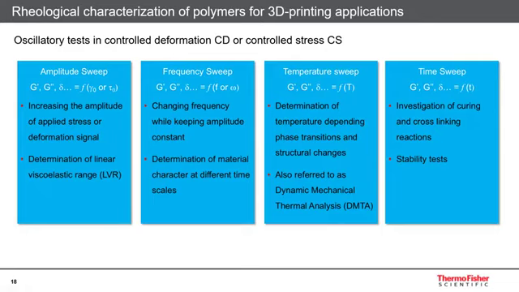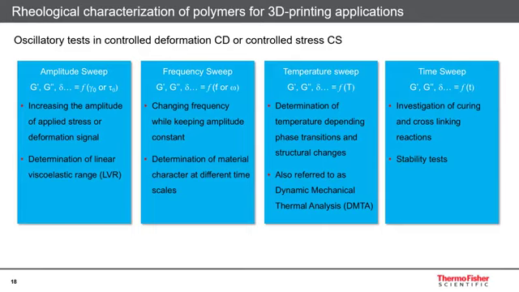The amplitude sweep on the left is very often used as a pretest for the other experiments to determine the so-called linear viscoelastic range. During this test, which is performed at a constant frequency, the sinusoidal deformation or stress applied by the rheometer is gradually increased.